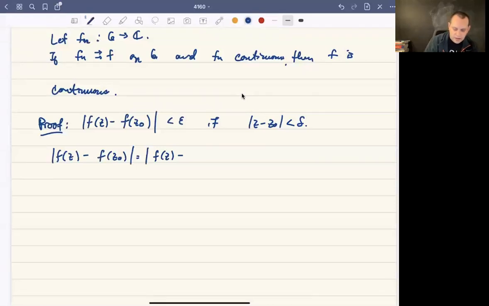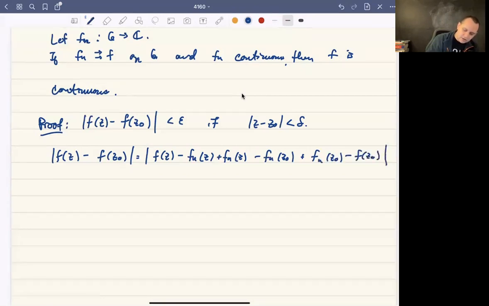So f(z) - f_n(z), we're going to use convergence, so that's going to be small. And then I'm going to add f_n(z) - f_n(z0). That's going to be small because we're assuming each of these f_n is continuous. And f_n(z0) - f(z0).